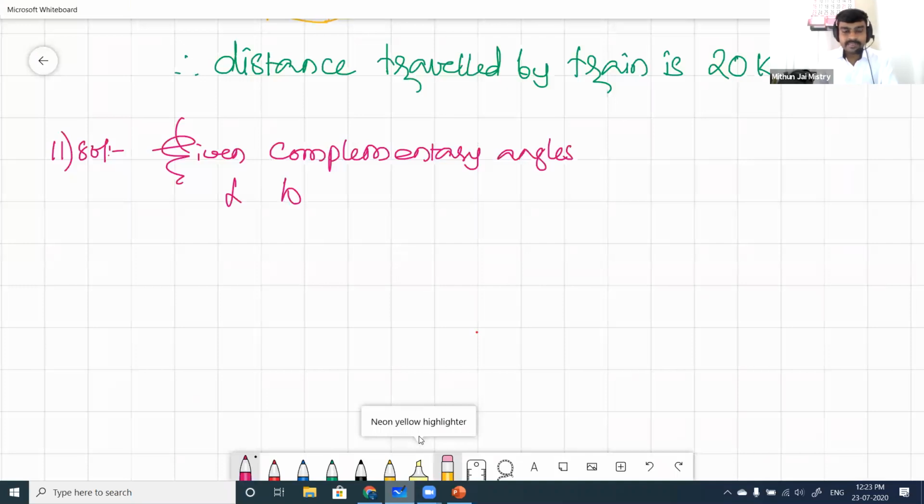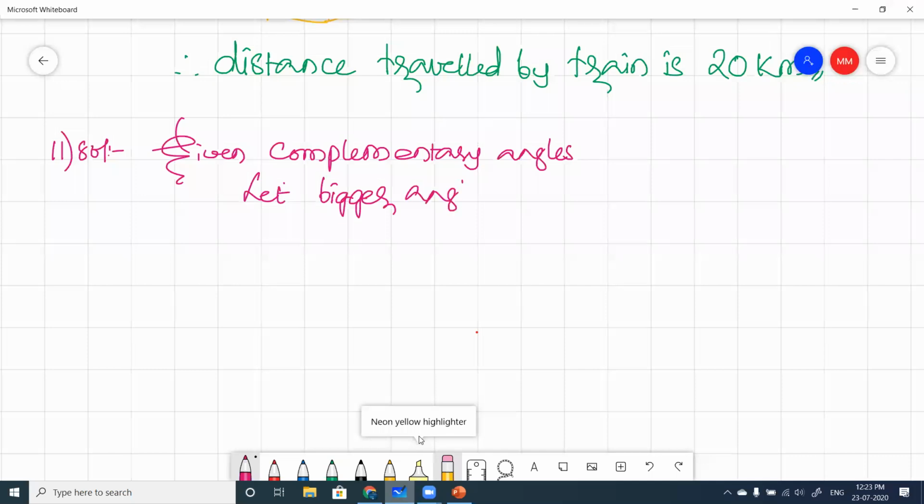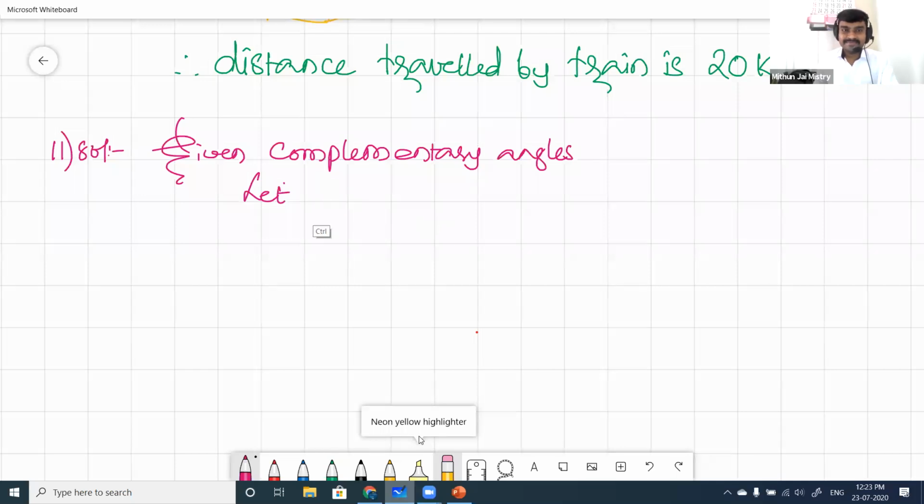Let the larger angle be X. So let the larger angle be equal to X.